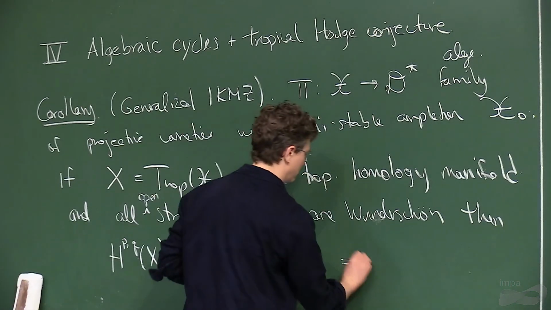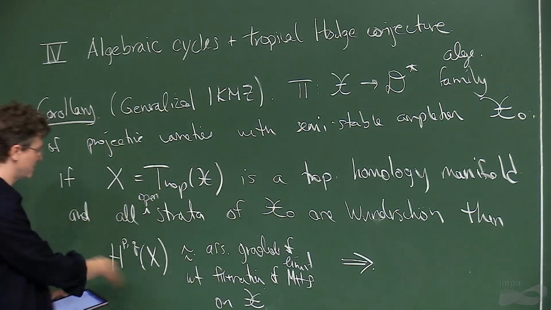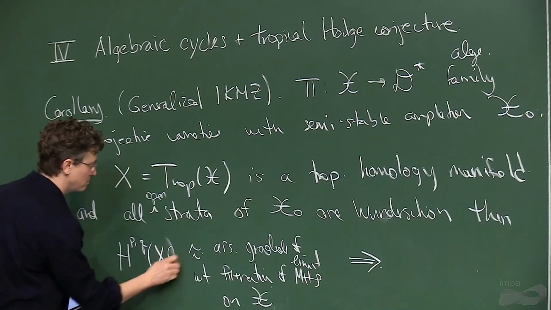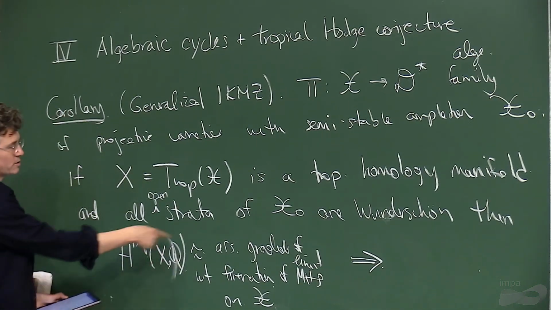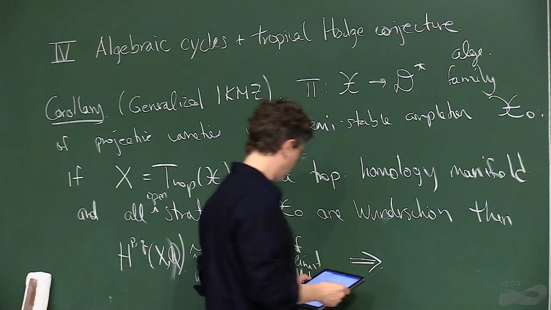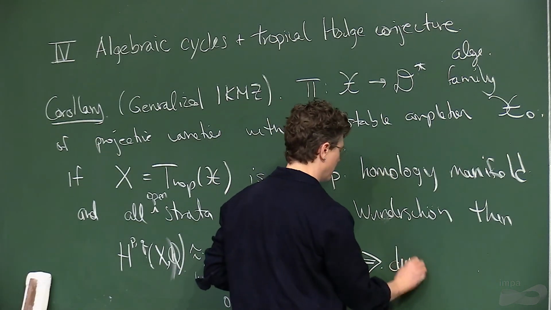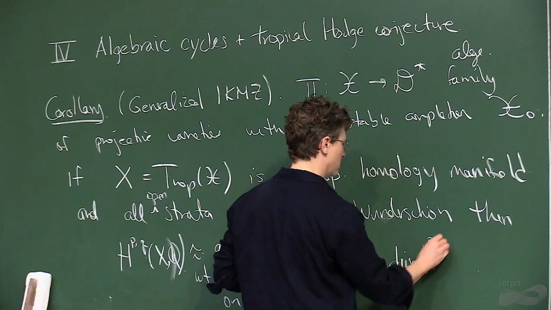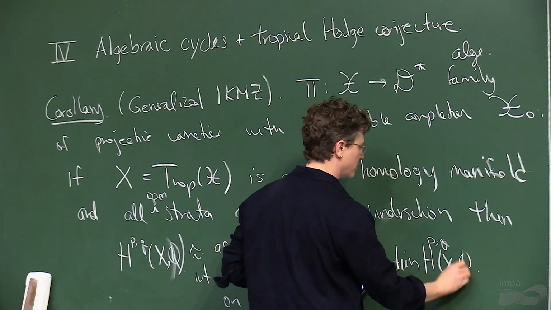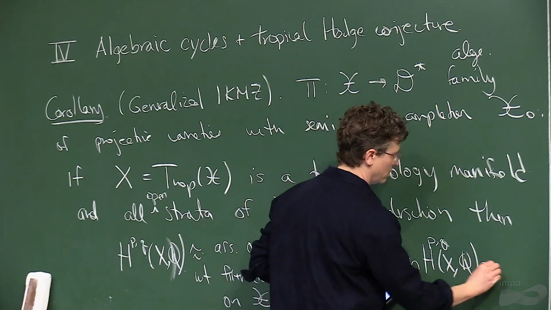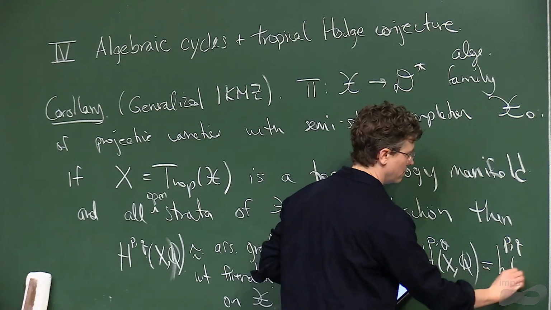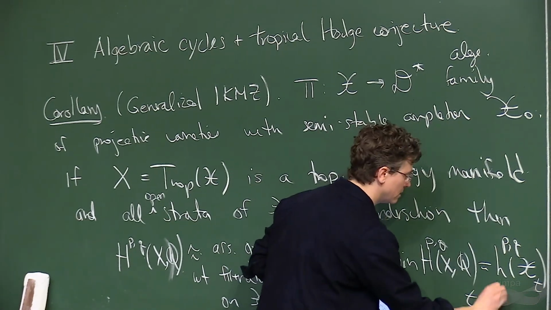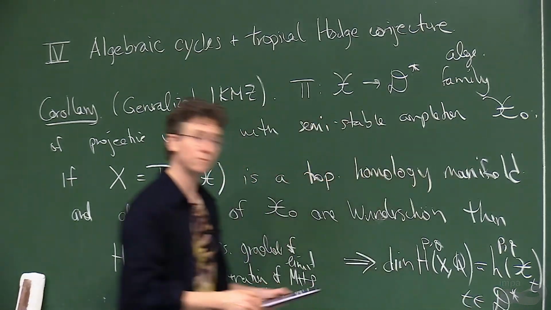So numerically, this was with Q coefficients, these vector spaces have more information about the family. Numerically, just that the dimensions of these vector spaces over Q give us Hodge numbers of a generic member. So t is a point in the punctured disk.